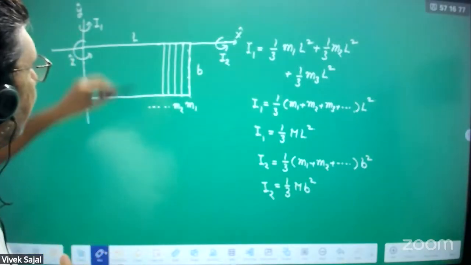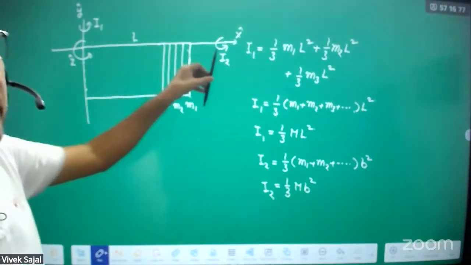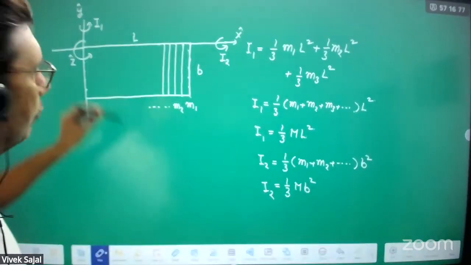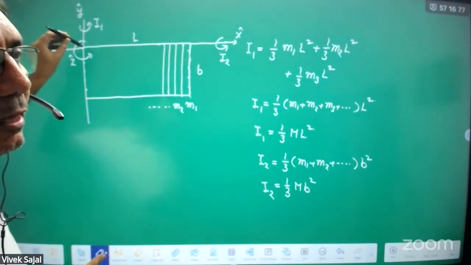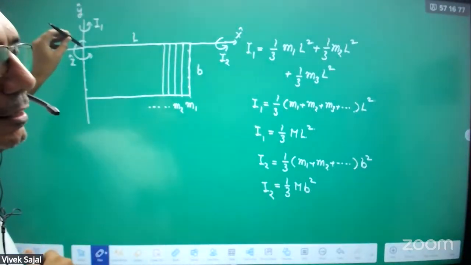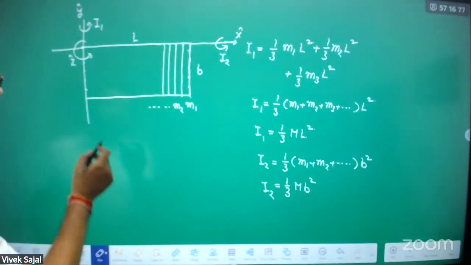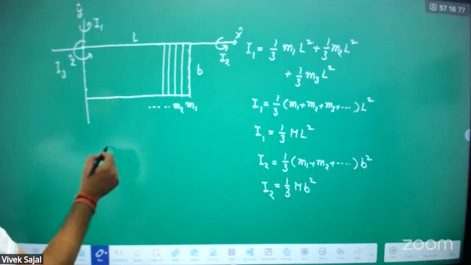These two axes are mutually perpendicular to each other and lie in the plane of the rectangular plate. The third axis passes through the intersecting point and is perpendicular to the plane of this rectangular plate. I say that this is I3. So what will be I3?